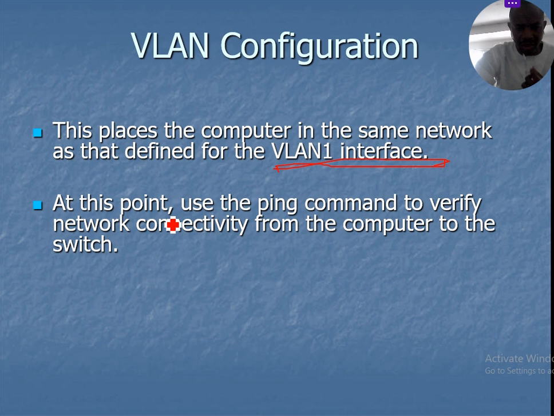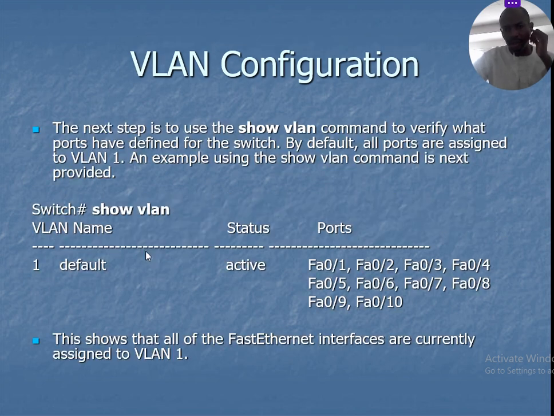Now at this point, you use the ping command to verify network connectivity from the computer to the switch. The next step is to use the show VLAN command to verify the ports you have defined or configured for the switch.